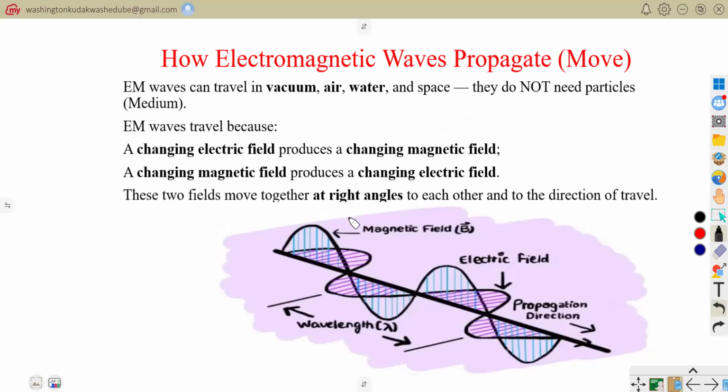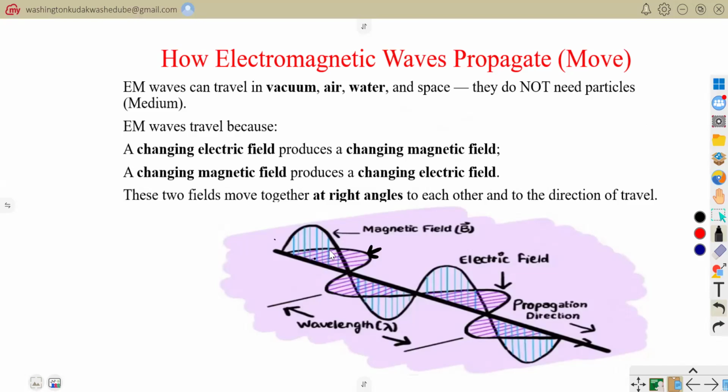In the magnetic field. So from this diagram that I brought here, I'm sure you can get to follow through what we are saying. For example, we are saying that this is an electric field. And when there is an electric charge that is moving back and forth, it will cause a change in the magnetic field, so that the magnetic field would move up and down.